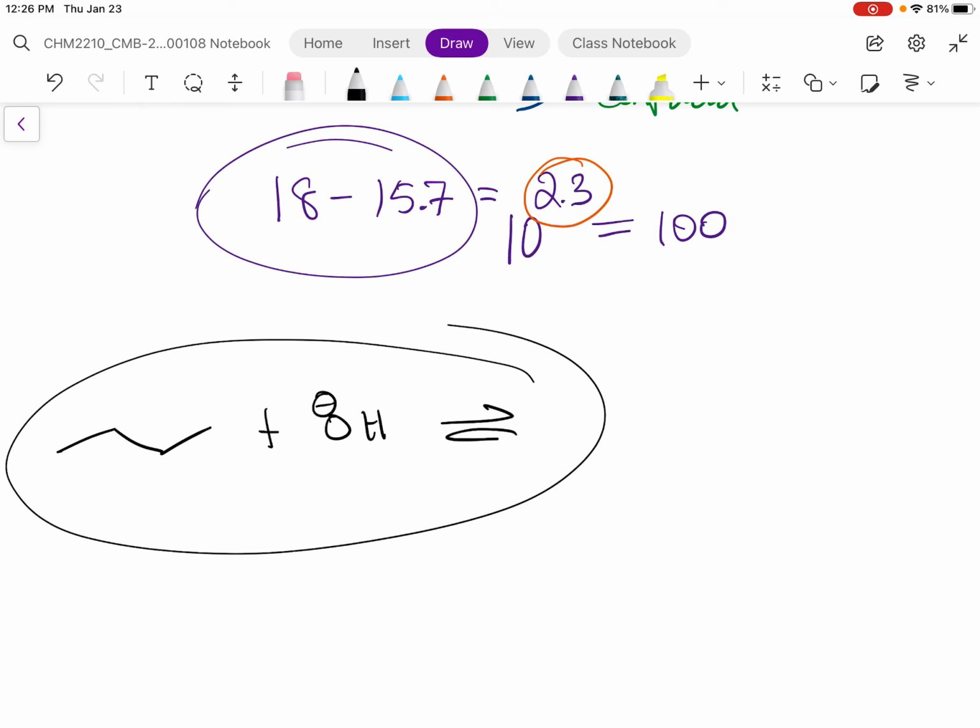Okay, so let's log in here. And you guys can work together. Okay, so under modules, you will find this assignment called Acids Part 1. I need to make it available to you guys.